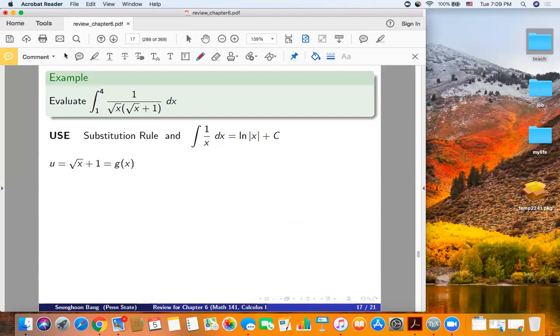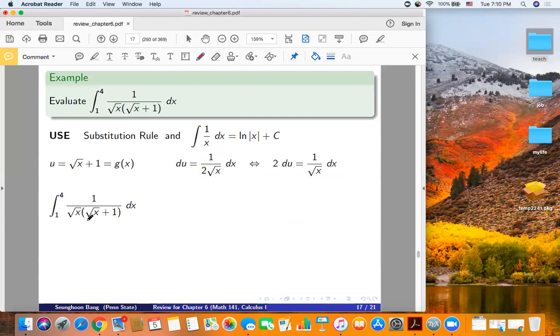Yes, root x plus 1 is u. Then the derivative of root x is 1 over 2 root x dx, so you can multiply by 2 here. The 2 is crossed out, so we have it. What is the next change?